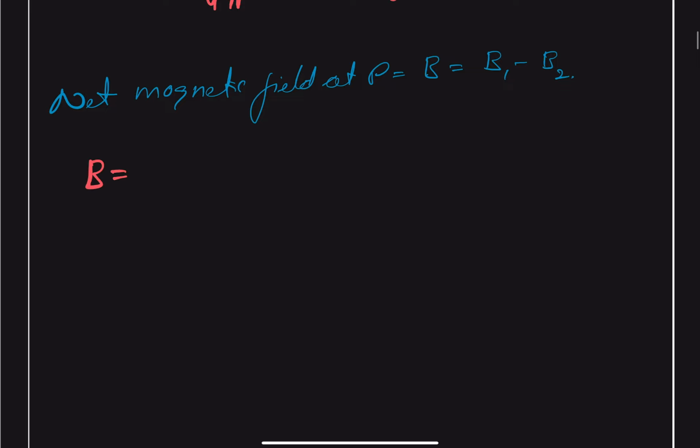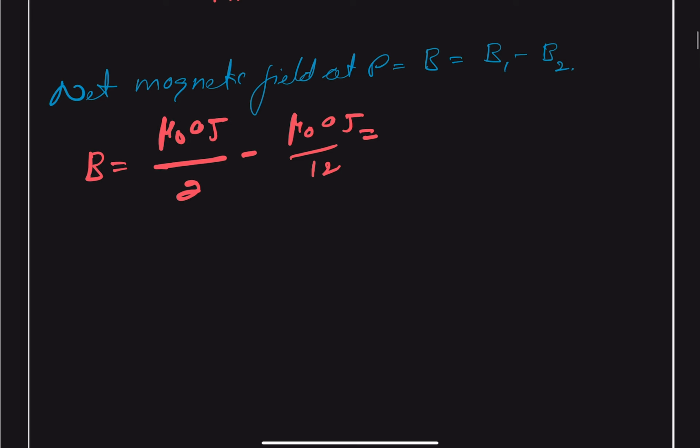We get B is equal to mu naught A J upon 2 minus mu naught A J upon 12, and this comes as 5 mu naught A J divided by 12.